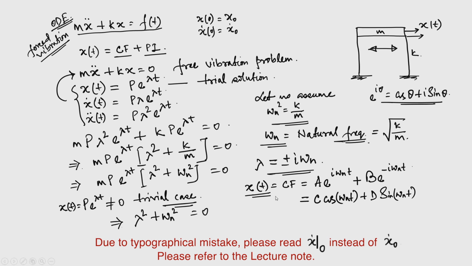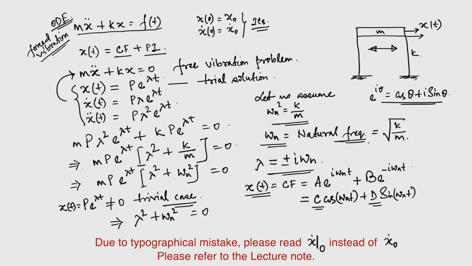So, the question is why it will vibrate. Again I draw your attention that we apply some initial conditions, and because of these initial conditions there will be vibration. Now, if you look at the solution, we have two unknowns or two constants C and D, and we have two initial conditions. The moment we have two initial conditions defined, we can find out the solution for C and D. So, let us do that.